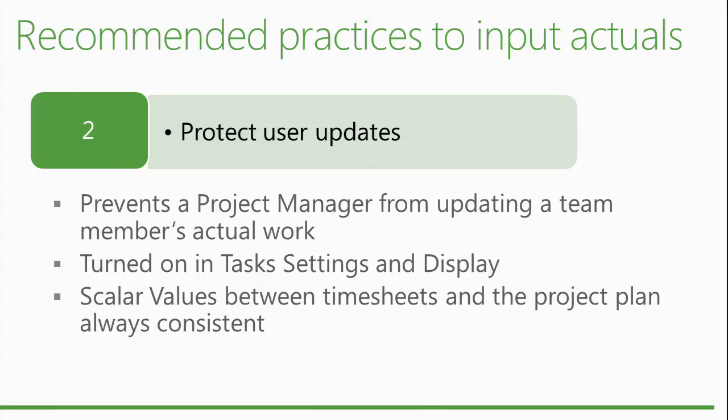There is a little detail there about scalar values, because the values that you enter should be consistent, right? If I enter 8 hours on a task on the timesheet, I don't want to see 7.95 hours on my task update. It happens in some very specific cases, and the white paper explained that very diplomatically, but it doesn't always make a lot of sense to the end user, actually.